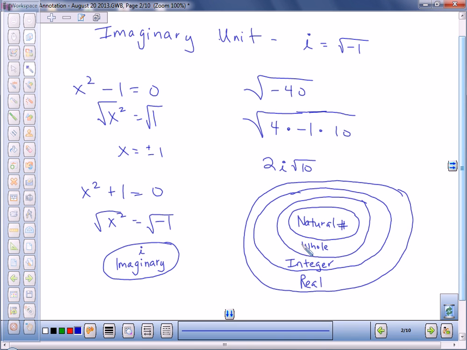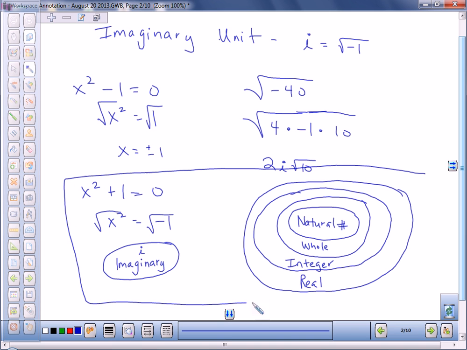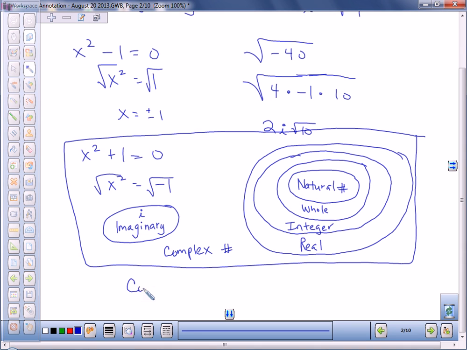Now, there is something that contains both of these, and that would be a complex number, because a complex number has both parts. It has a real part and an imaginary part. So a complex number we're going to write in a plus bi form, where it has the real part first plus the imaginary part second.